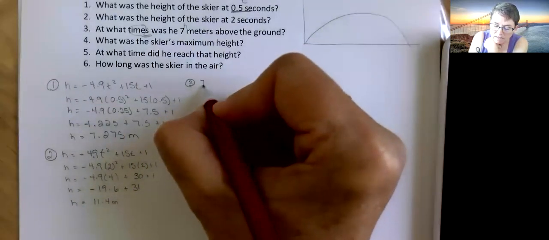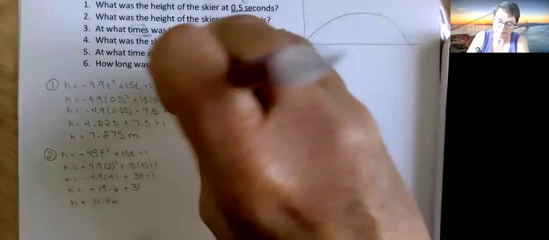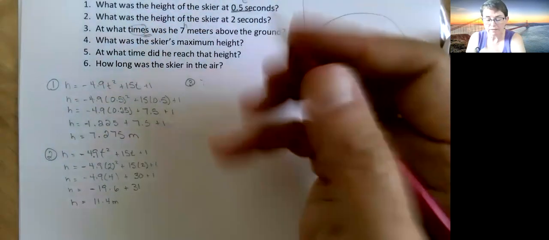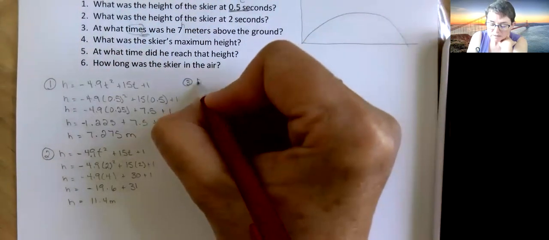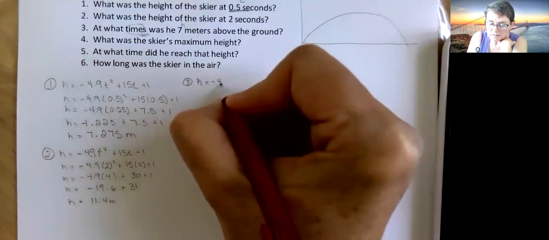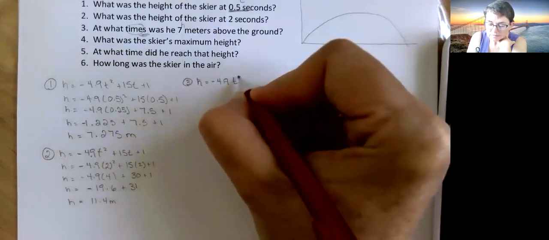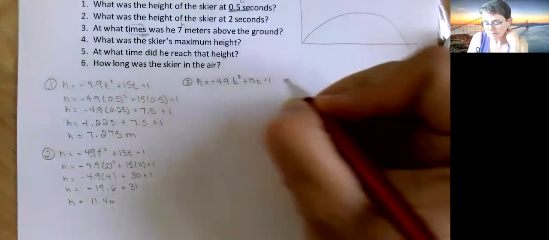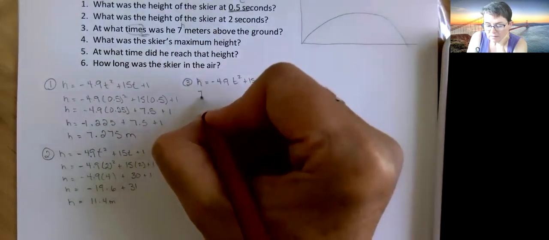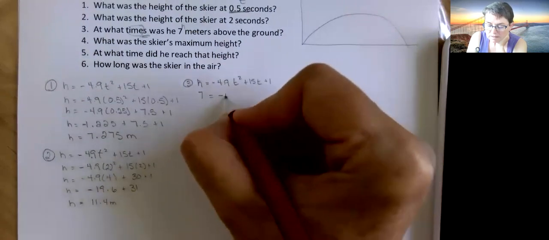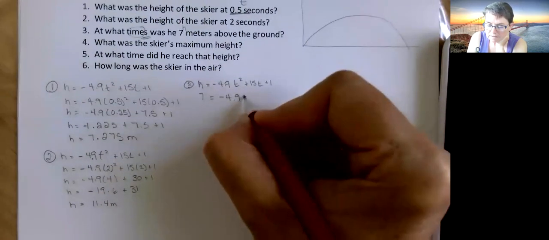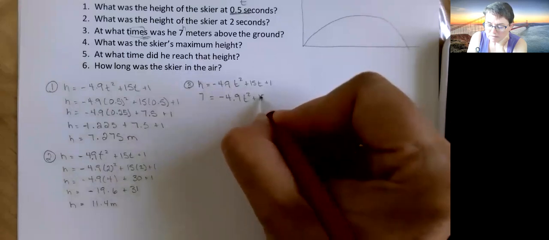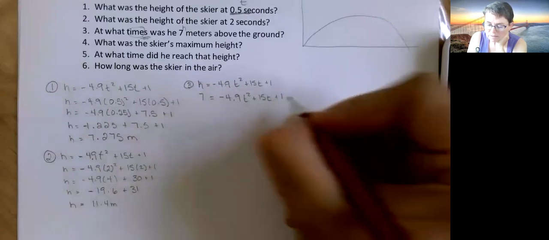So we put the 7 in: 7 equals negative 4.9 t squared plus 15t plus 1.